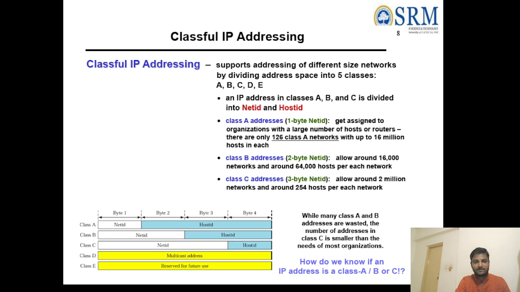Generally, a large organization like a software company purchases this kind of class. They may have many branches, and then they make a subnet.